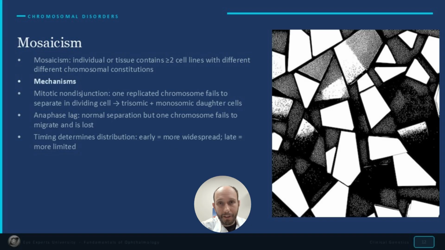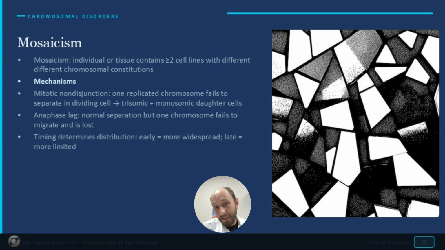Back to terminology, let's talk about mosaicism. Mosaicism means an individual or tissue contains 2 or more cell lines with different chromosomal constitutions. So the mechanism is mitotic non-disjunction. When we have our embryo, the gametes have formed a new line, and those cells start replicating through mitosis.